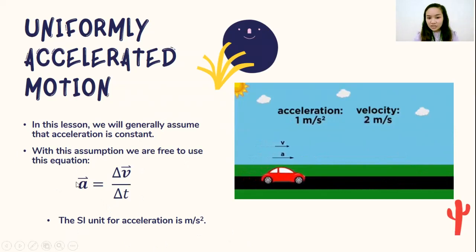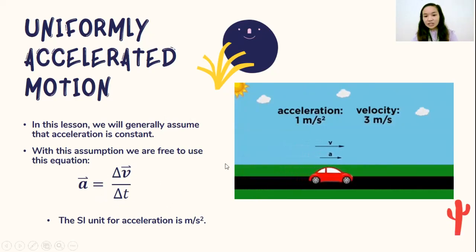That is the reason why we have an arrow at the top of small letter a, which is equivalent to delta v over delta t. Again, delta means change in velocity over change in time, or your final velocity minus initial velocity divided by final time minus your initial time.